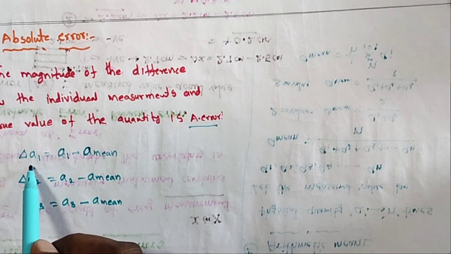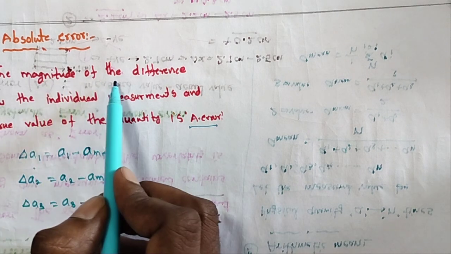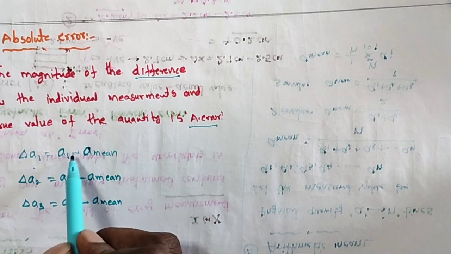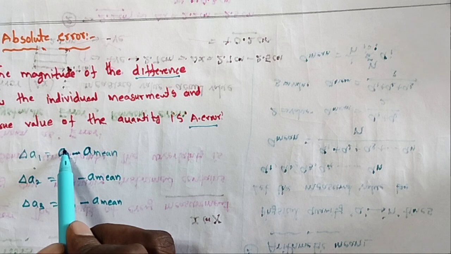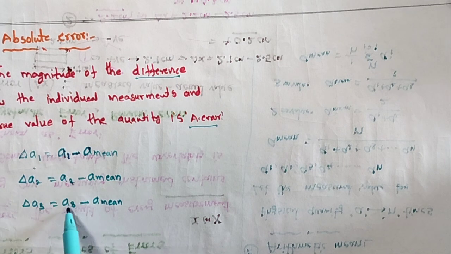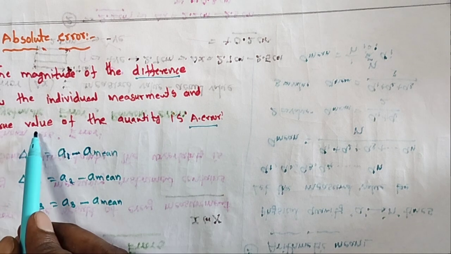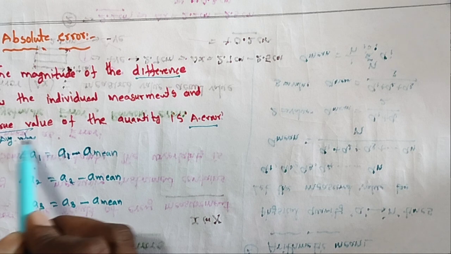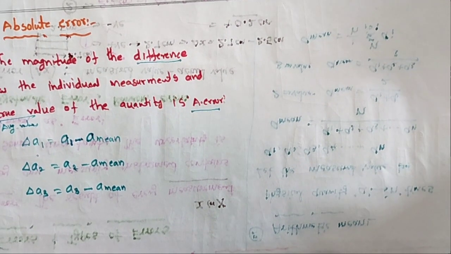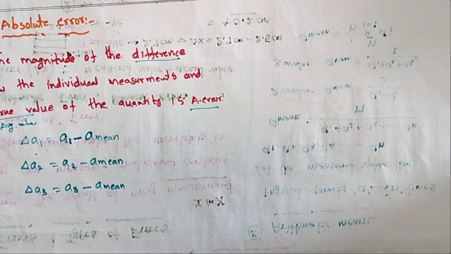In this absolute error, the magnitude of the difference, meaning the subtraction, is between the individual measurements, A1, A2, A3, and the true value, which is the average value. This type of error is called absolute error.